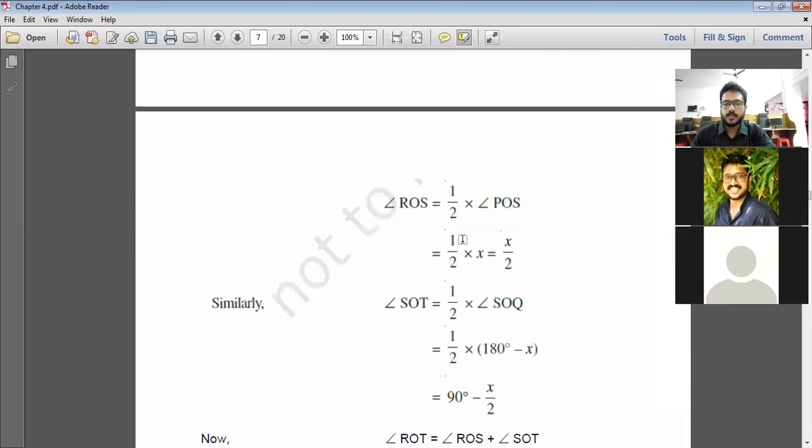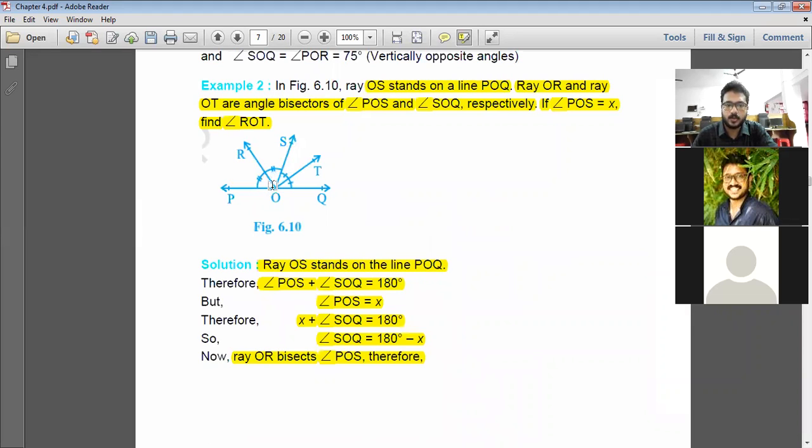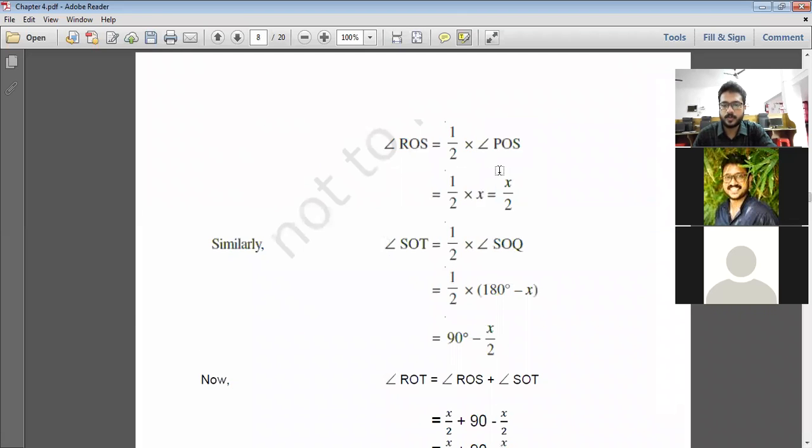So we can write angle ROS is equal to half into X, which is equal to X by 2. Now, in the same manner, look at angle SOT. Angle SOT is equal to half into angle SOQ.